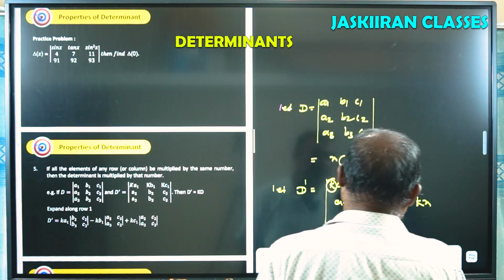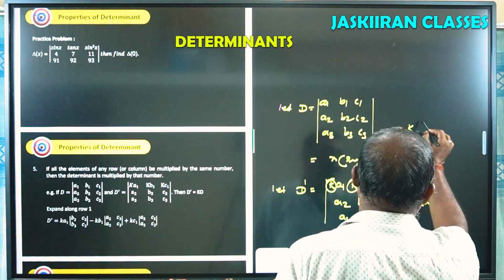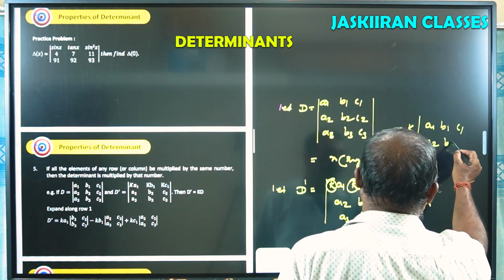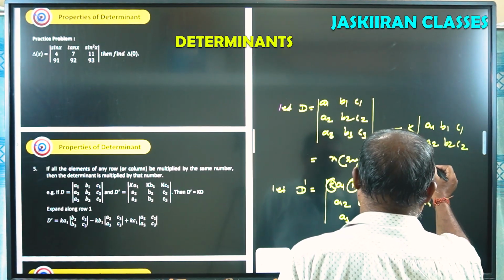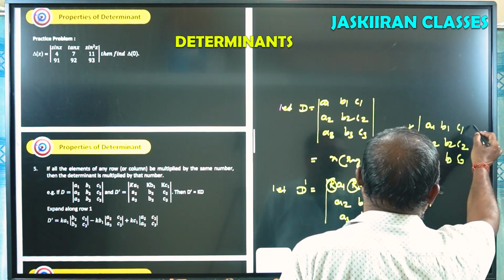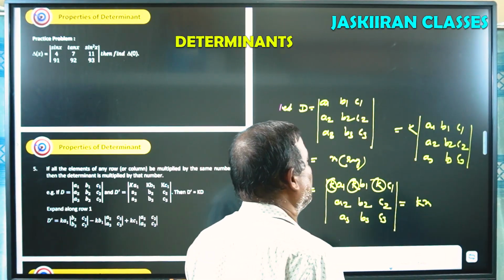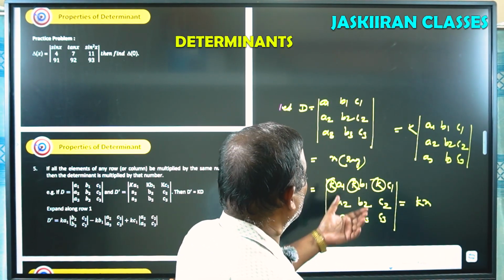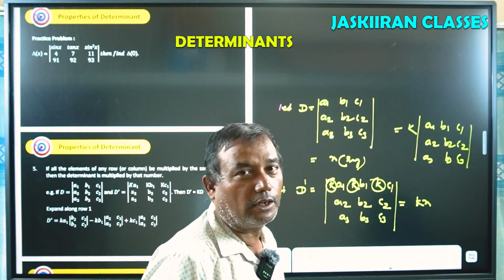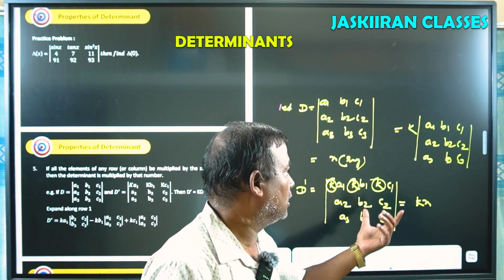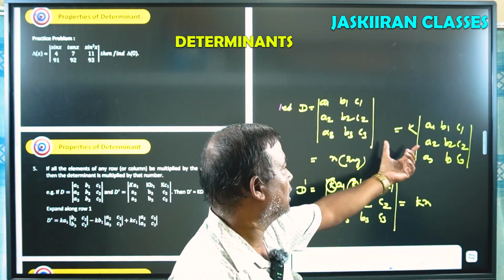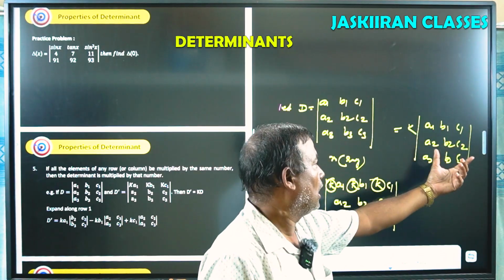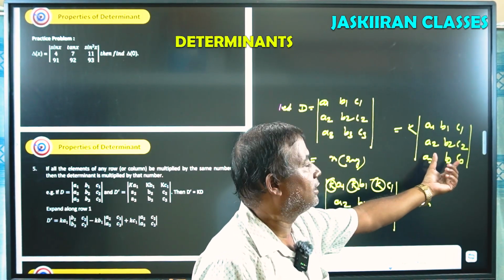That means when taking out the k we get A1 B1 C1, A2 B2 C2, A3 B3 C3. A constant factor common to a row can be taken outside of the determinant. So taking the common factor K, the determinant is again A1 B1 C1, A2 B2 C2, A3 B3 C3.